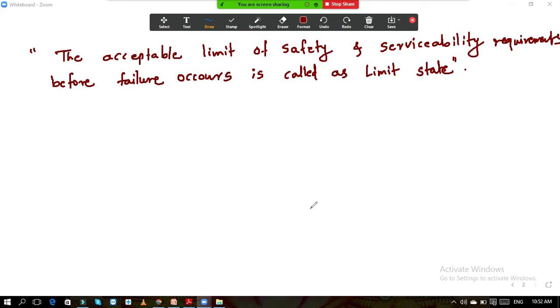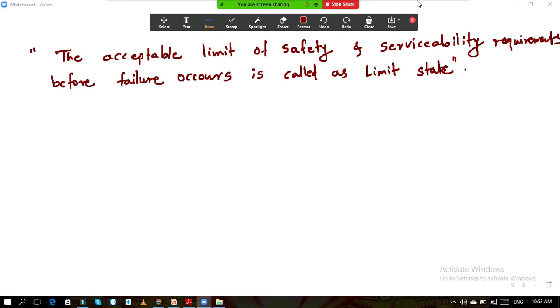Okay, so there are some acceptable limits of safety and serviceability requirements, considered before the failure. So this is nothing but your limit state. Limit means up to a certain limit. Okay, so that is the meaning of limit state.